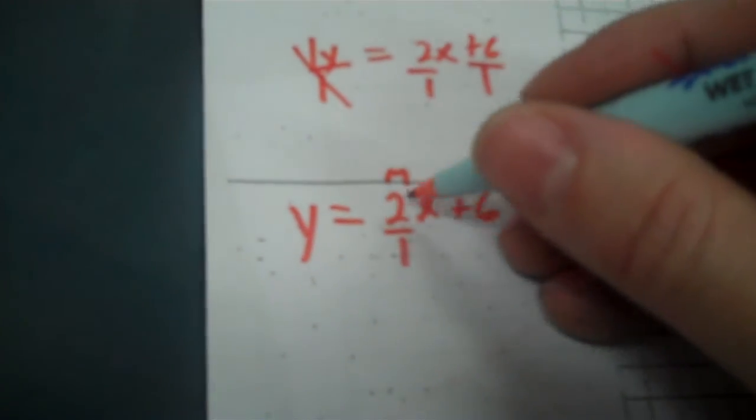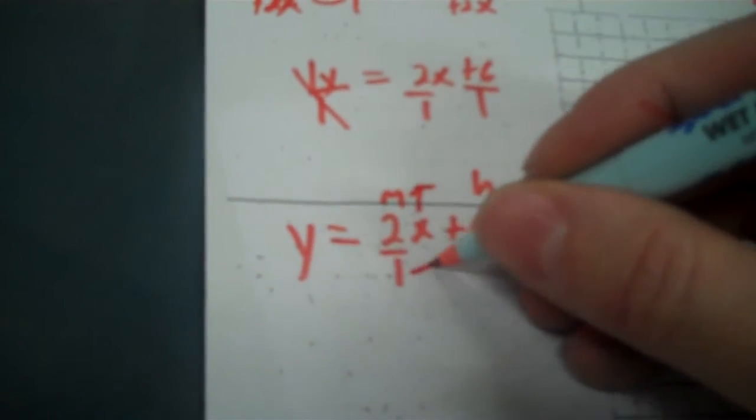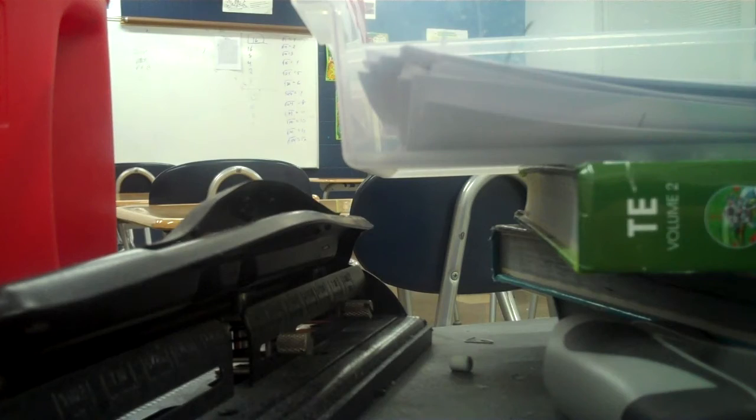And then the top number tells me to go up or down and by how much, up 2, forward 1. And if I can't do it again, that's fine, I'm good with just the 2 points. There you are.